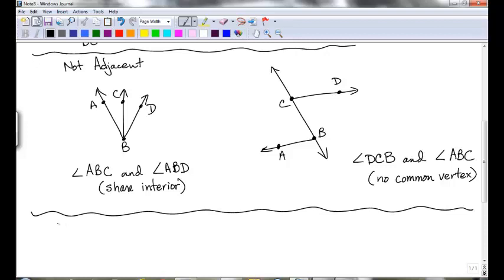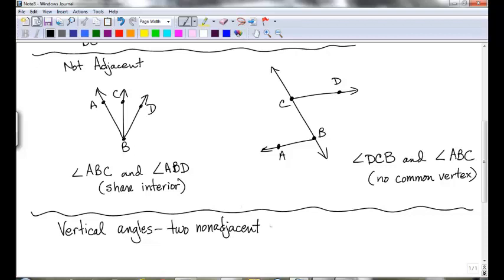Okay, then the author defines vertical angles. Vertical angles are two non-adjacent angles, okay, make sure you get that prefix non.